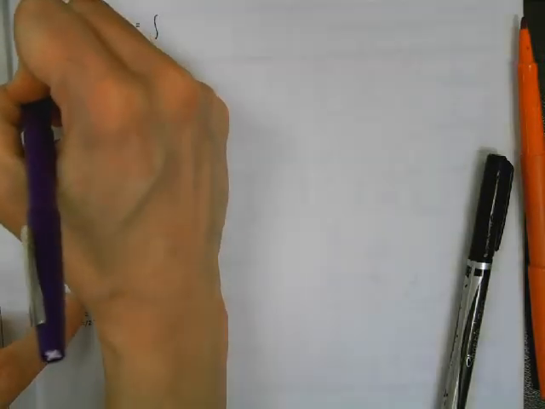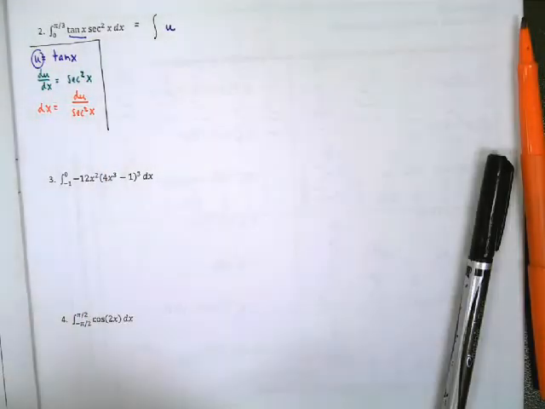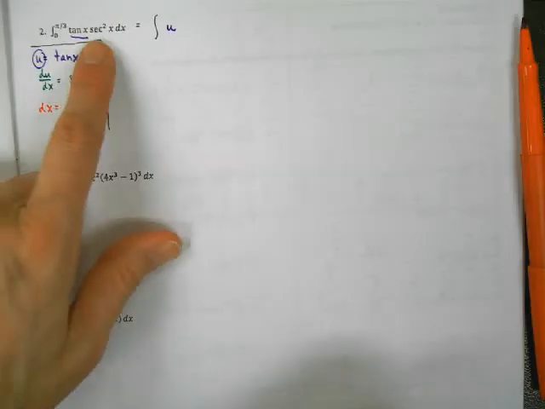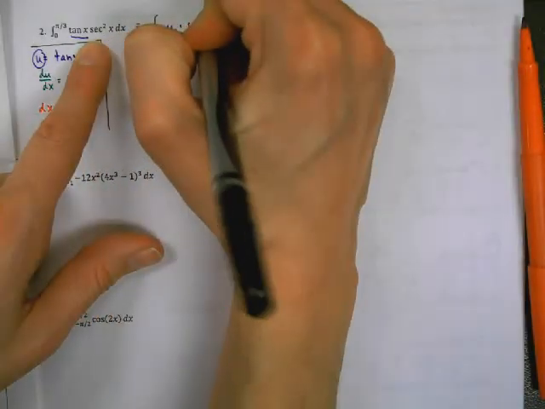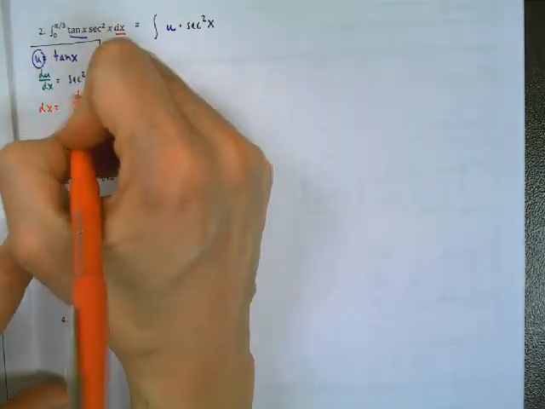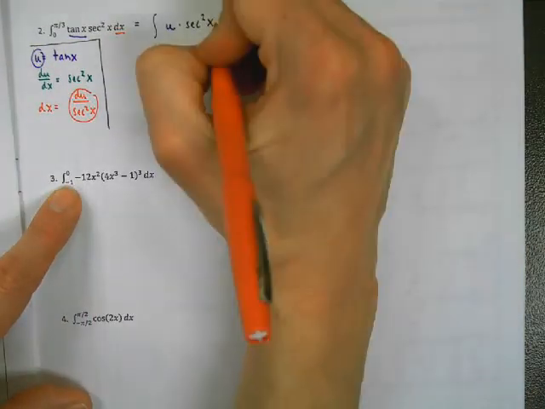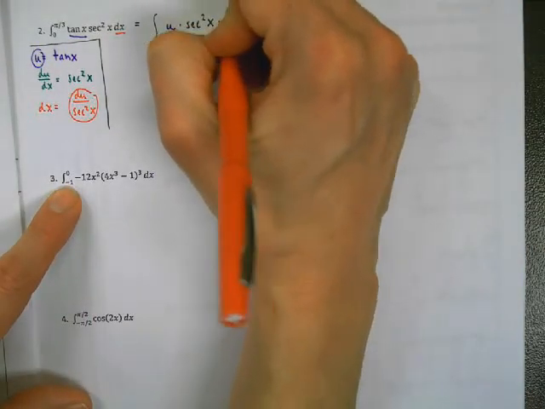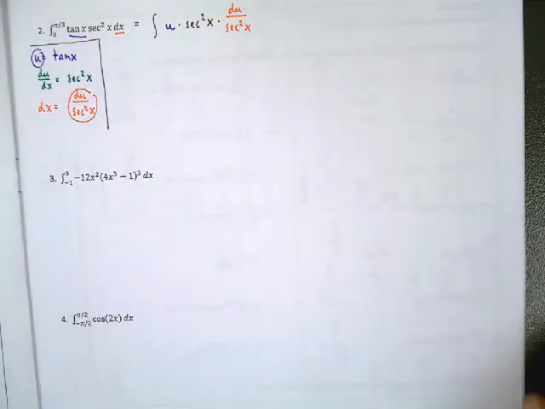So instead of putting tangent of x, I'm going to put u. I don't have any variable defined for secant squared of x, so that's going to stay. And then my dx is going to become this expression here. So instead of dx, I'm going to put du over secant squared of x. Oops, sorry, this is crooked.